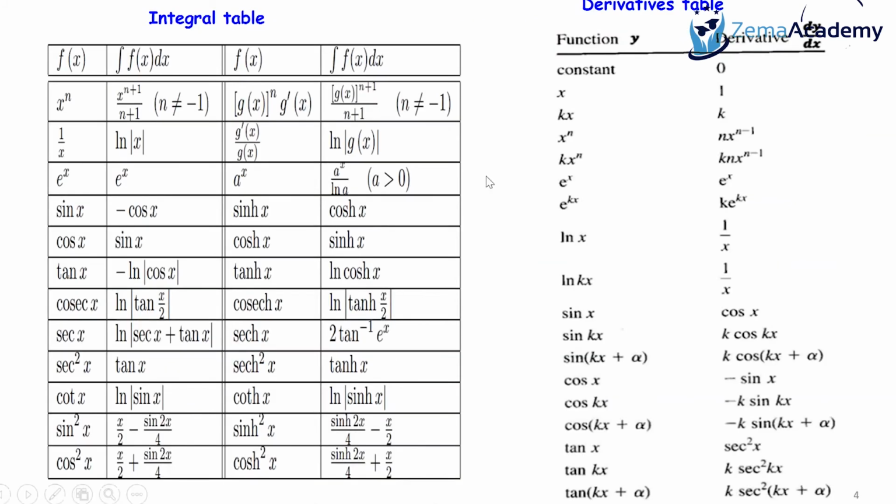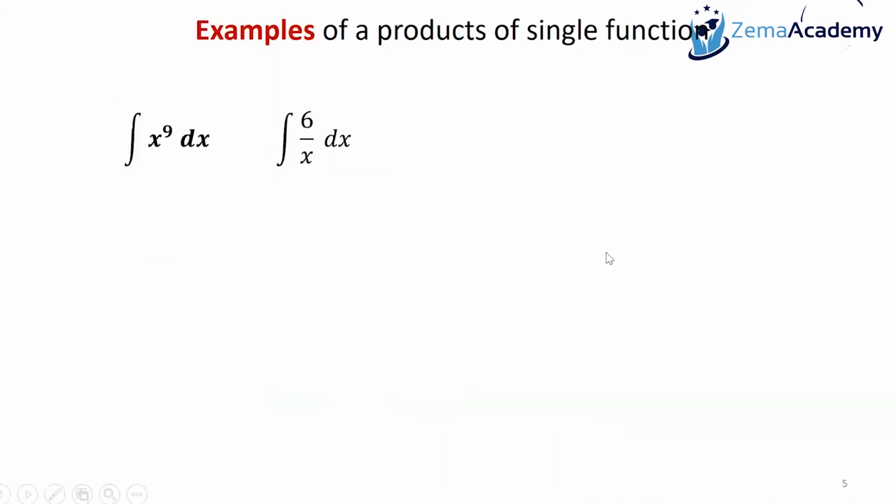So e to the power x, when integrated, will give you e to the power x. The function e^x, when integrated with respect to dx, the answer is e^x. Is it clear? Yes. Okay.